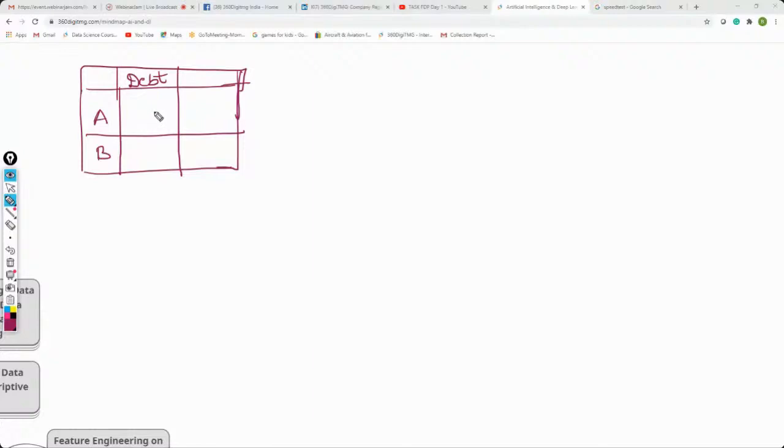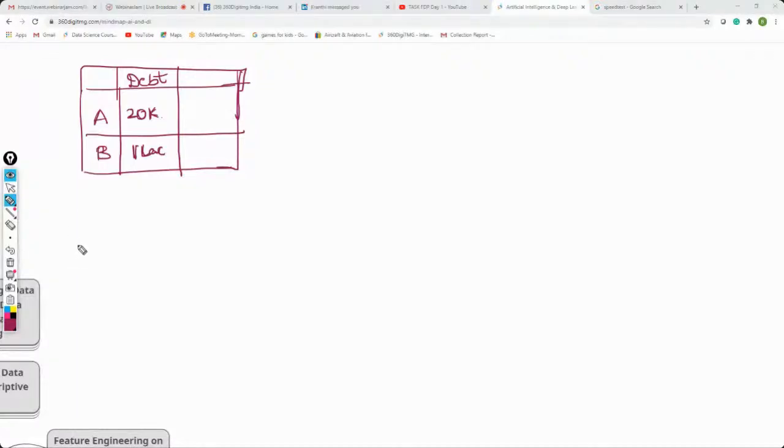Say person A has a debt of 20,000 rupees. Every month person A has to pay the bank 20,000 rupees. Person B every month has to pay the bank 1 lakh rupees. Oops. Too much debt for person B. Whom would you lend a loan? Would you lend a loan to person A or to person B?